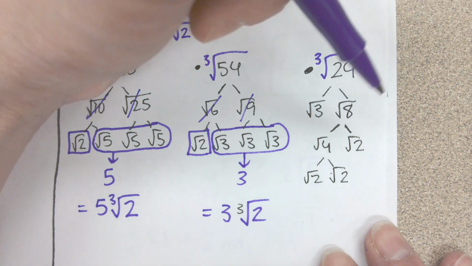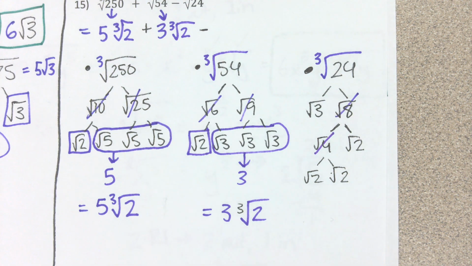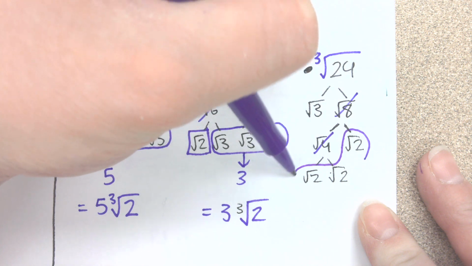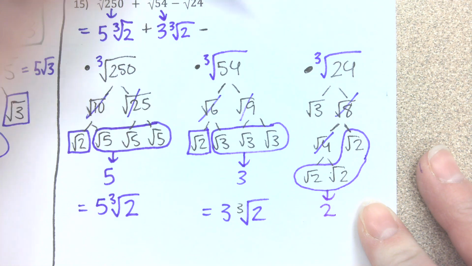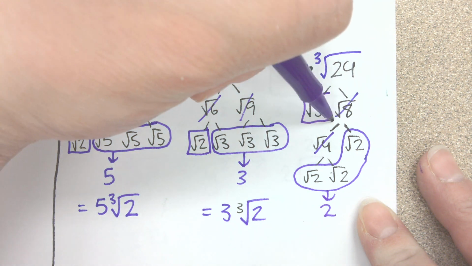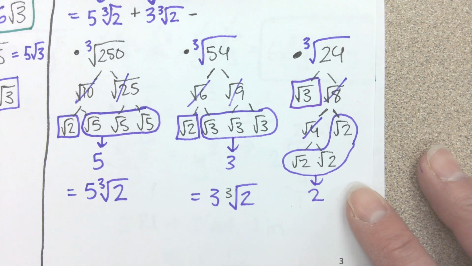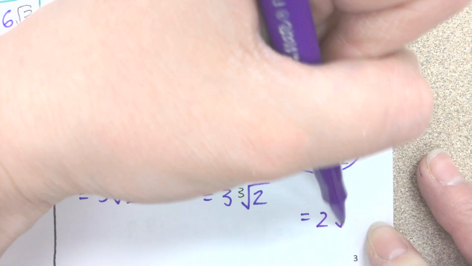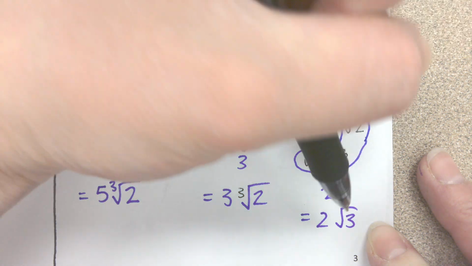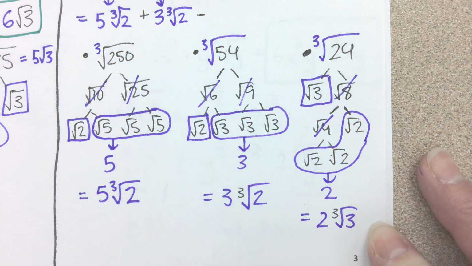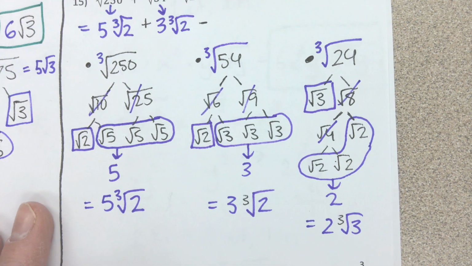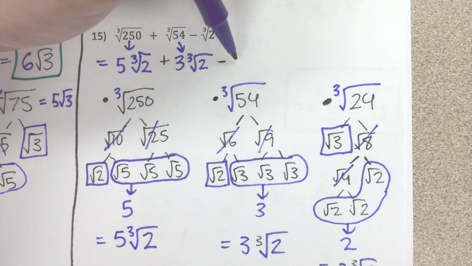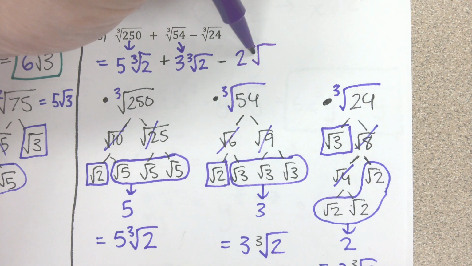I'm going to cross out 8 and the 4. I'm done with those. We're left with a group of 3 2s. So it's going to pop out a 2. And then don't forget the lonely 3 at the top. Putting it all together, I have 2, the 3 inside of the cube root. And then one more time, I'll replace that up above. 2 cube root of 3.